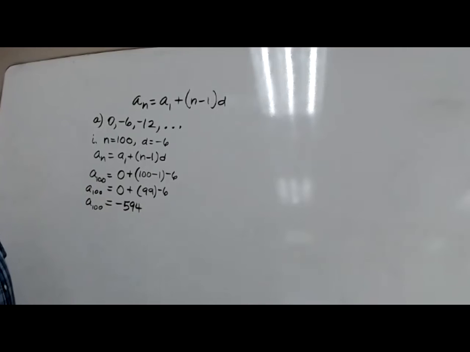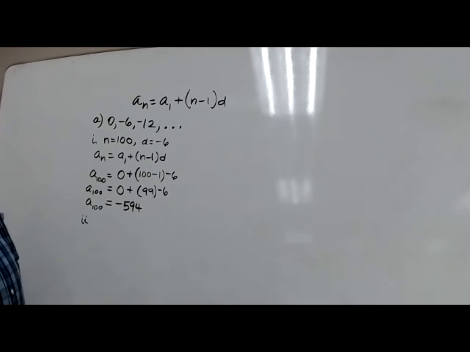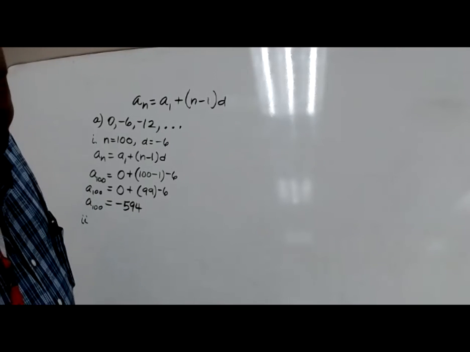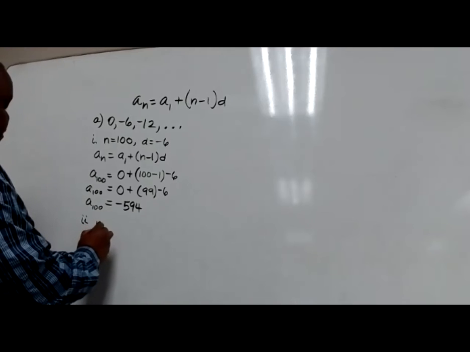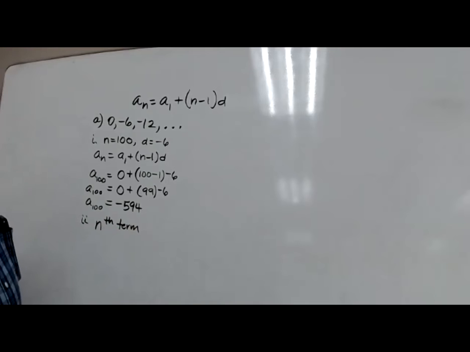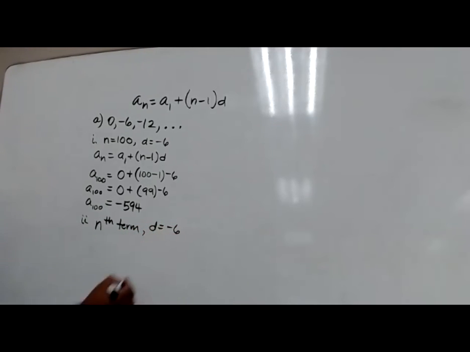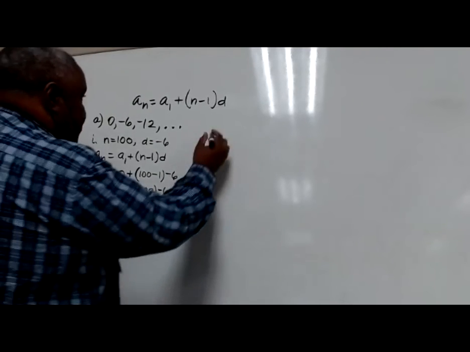Okay. So that's part I of part A. Now, part II of part A would be finding the nth term. And that's for this situation here, okay? Now here, we already know what the common difference is. That common difference, again, is -6.